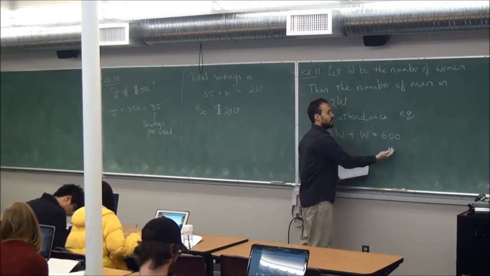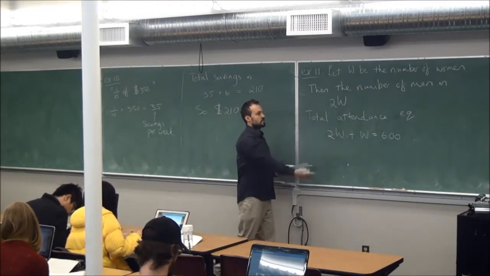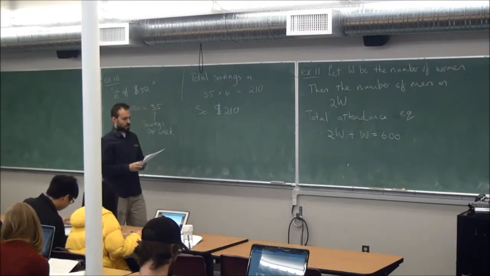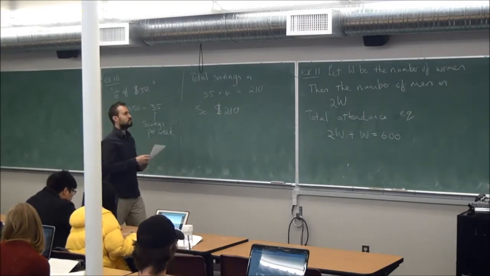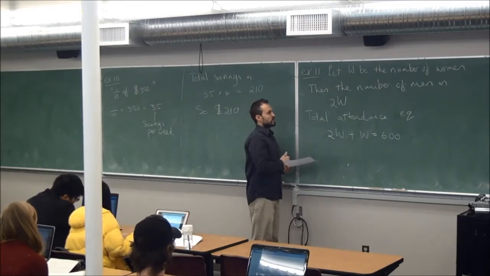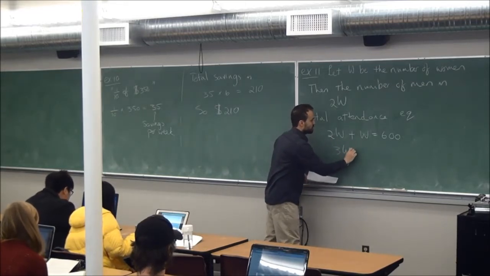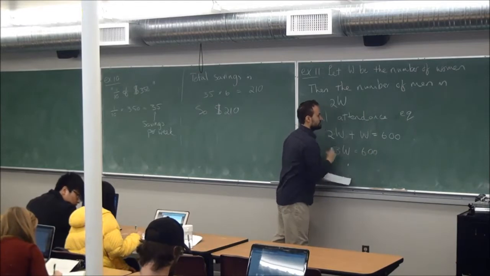And on the other hand, they tell me it should equal 600. Now, I'm not saying this question is so complicated that we have to do this, but we're trying to practice this method with reasonably simple examples that you can easily verify that your answer is correct. So now I have 3W equals 600.